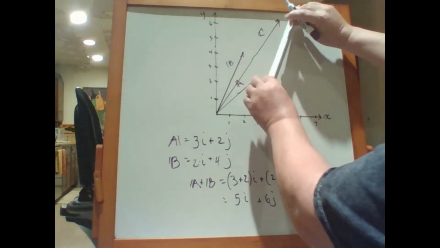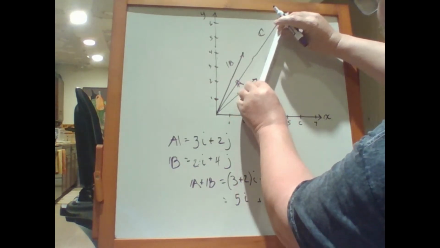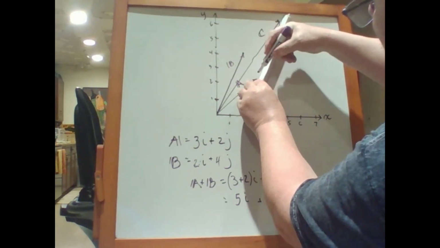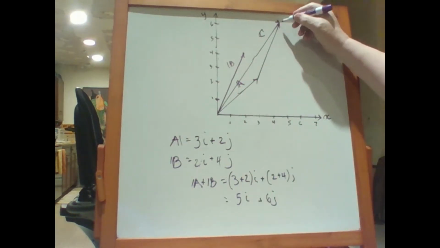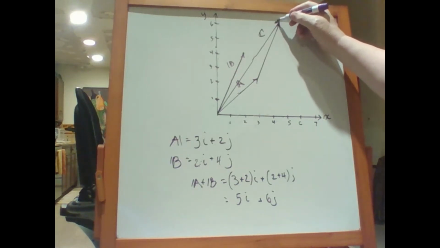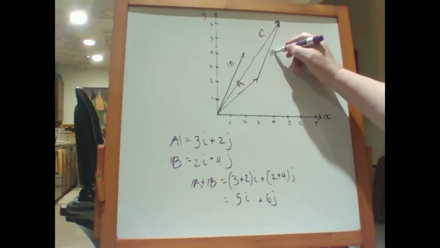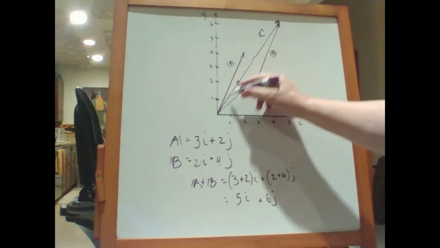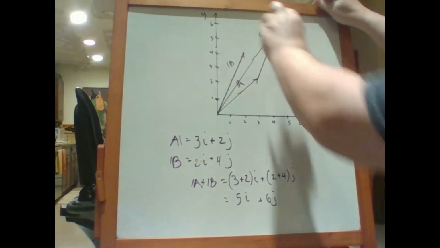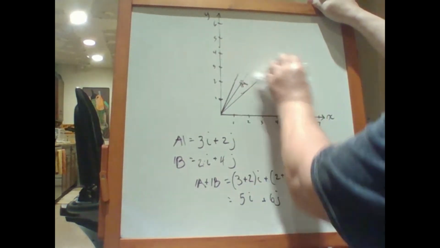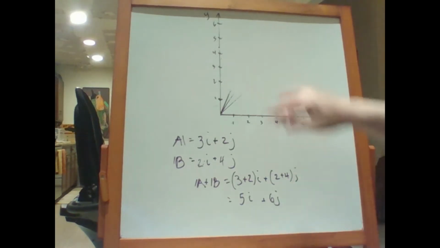And if we draw a vector from the tail, or the end, of A to C, that is B. A plus B equals C. And that's what we got. So that's how you add vectors. Now let's see what we get if we subtract vectors.